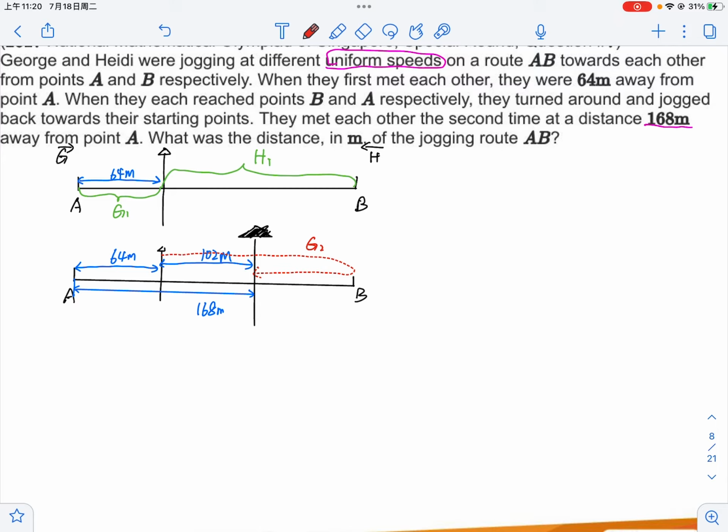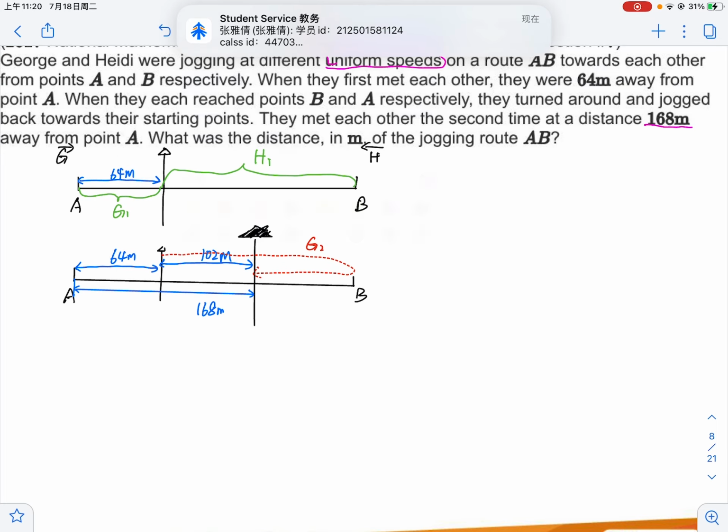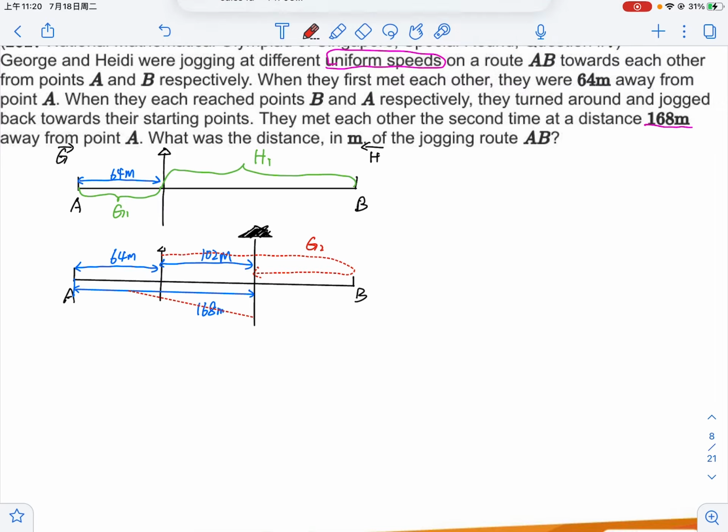Between the first time and the second time they meet, how much distance G2 runs, right? Sorry, this is H2.